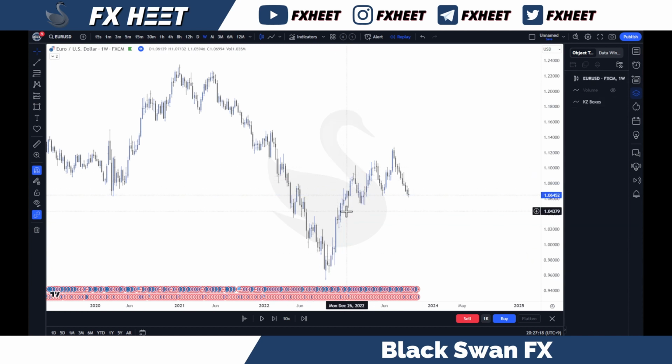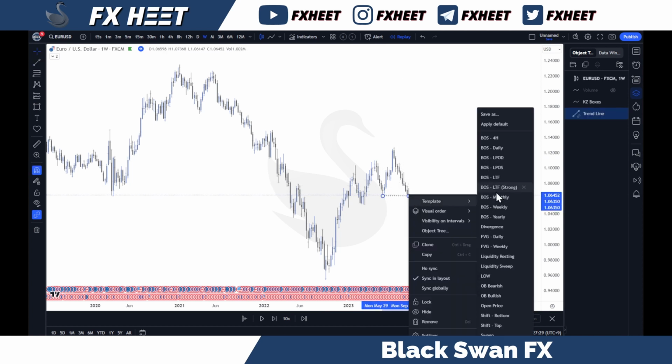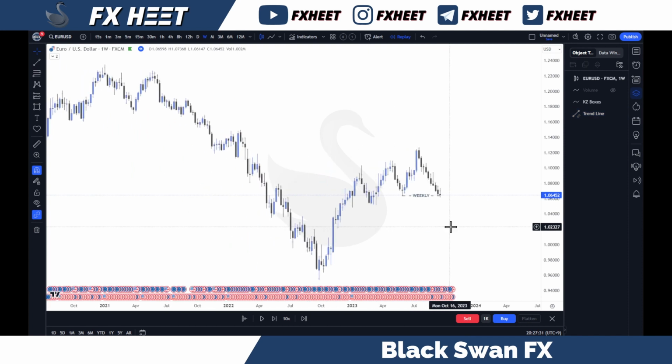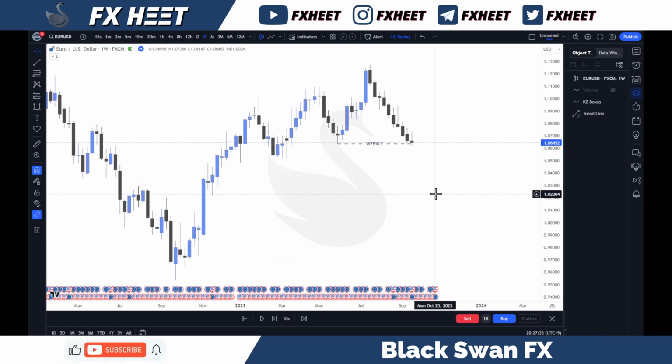We're currently bullish on the weekly time frame, but it looks like we just shifted bearish. Did we close? Not yet, but it looks like we're going to shift bearish at this point.